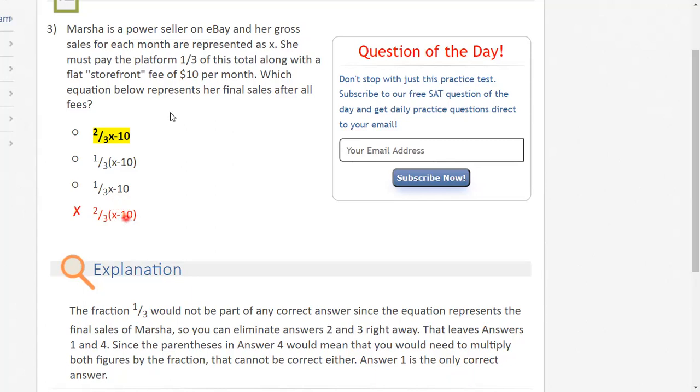So this 10 per month, these dollars, that is what we can say the flat rate. So it should be in this way, the 2 by 3 of that x and then minus. If you are taking care of all these brackets, when this 2 by 3 is now multiplying with each and everything, and if this bracket is not there, this is multiplying with this only.